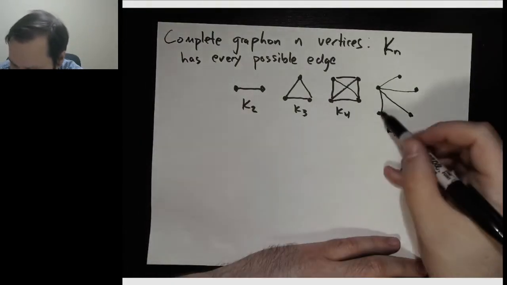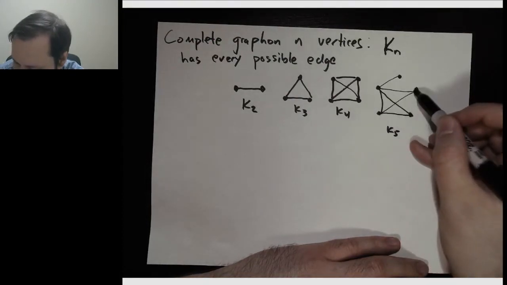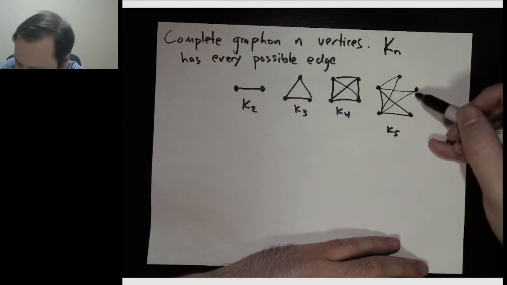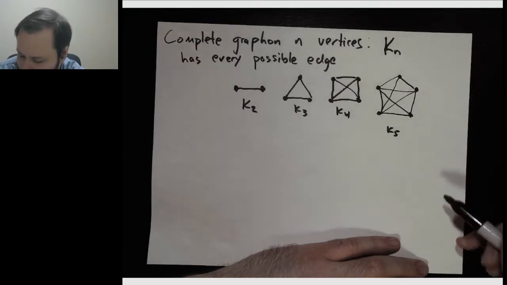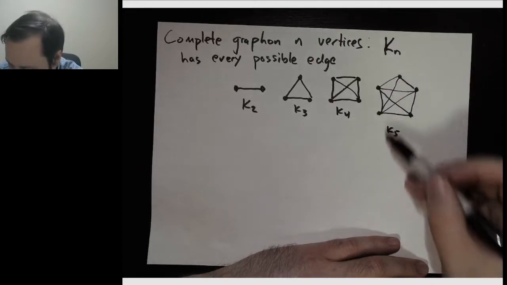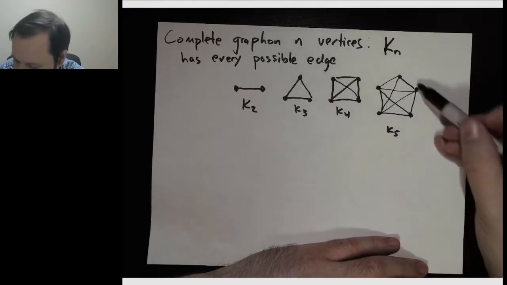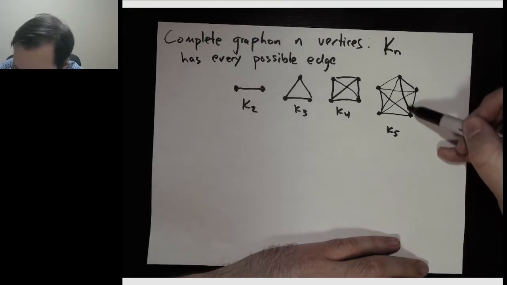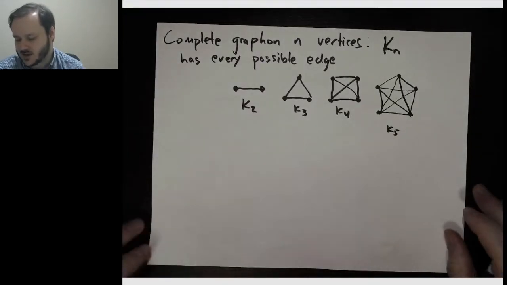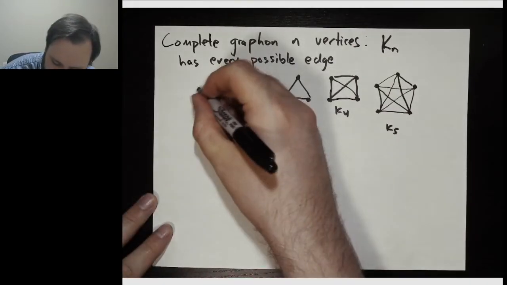So in this case, every vertex should have degree 4. These are also good examples of regular graphs. So if I look at this, I can see 1, 2, 3, 4, 1, 2, 3, 4, 1, 2, 3, 4. Oh, but these vertices only have degree 3. That means I'm missing an edge. Now I've got K5. I can also talk about K1.